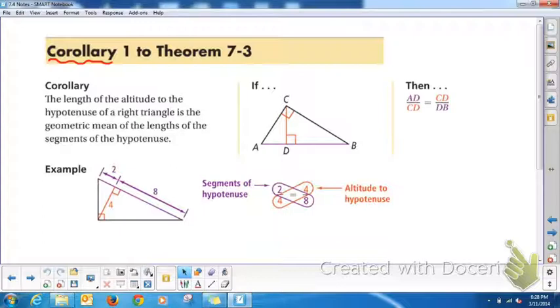So in this example, we have this right triangle. And because 4 is the altitude, we have this right triangle here where this is 2, this is 8, and 4 is the altitude.